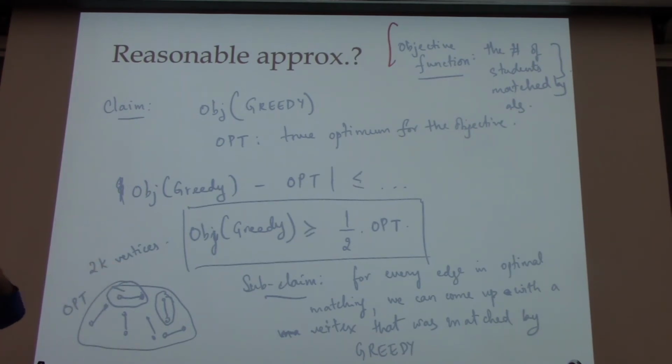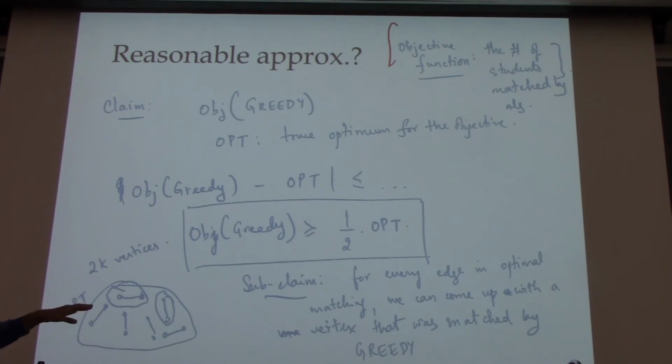So the claim that he said, I just formalized it. Take the optimal solution. For every edge in the optimal matching, you can come up with one vertex that was indeed matched by greedy. Note that this is how you're comparing greedy with the optimum in some direct way. This is often the tricky part. You've got to figure out how to do this.